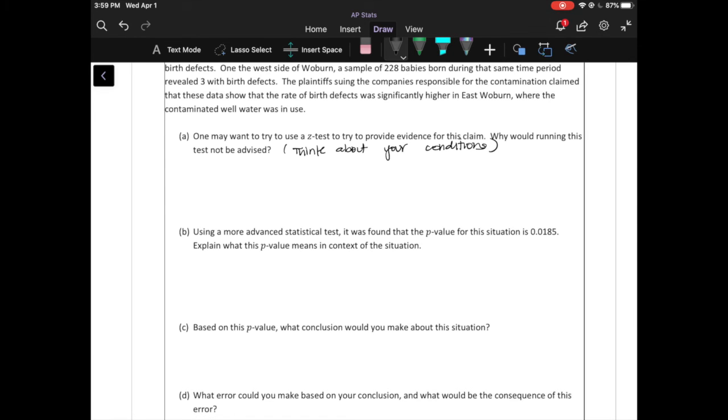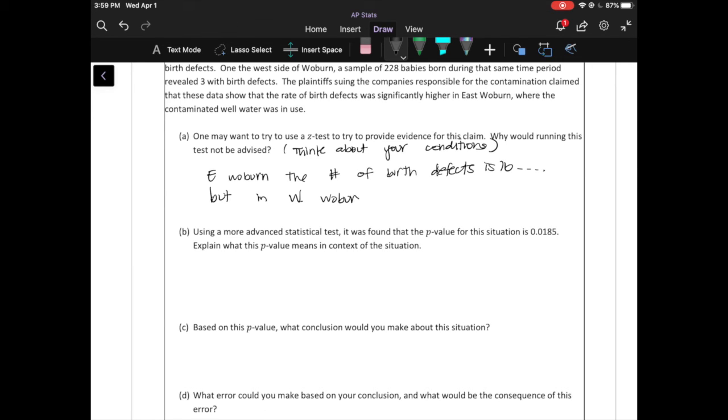Well, if I'm telling you to think about the conditions, right? The conditions tell you that n times p and n times 1 minus p must be greater than 10. Well, in East Woburn, the number of birth defects is 16.